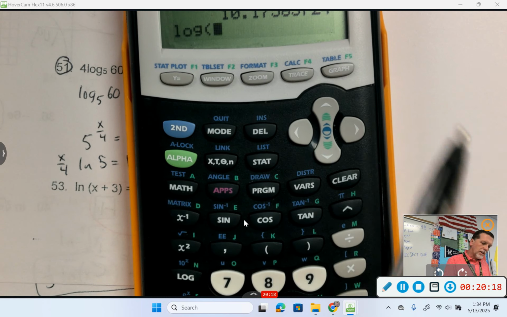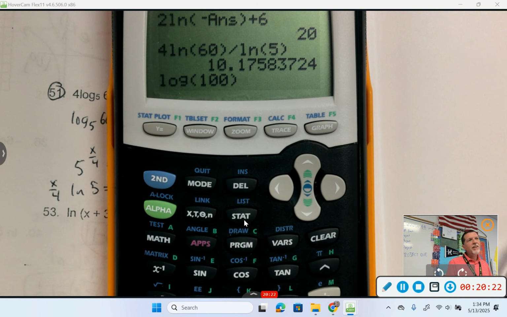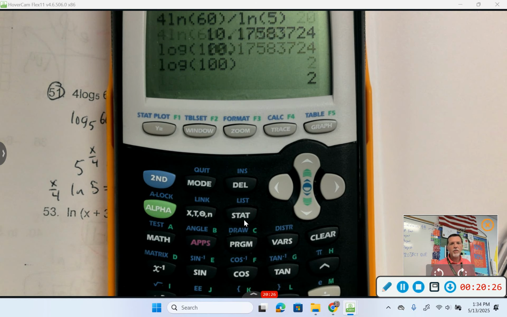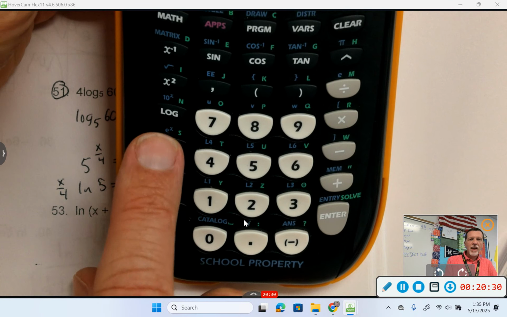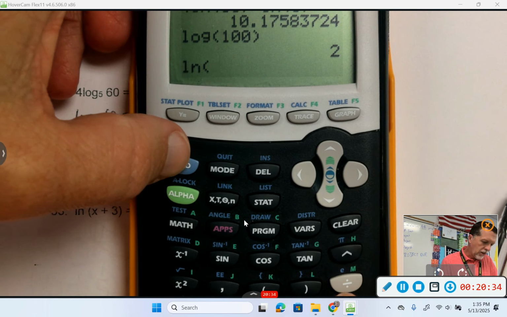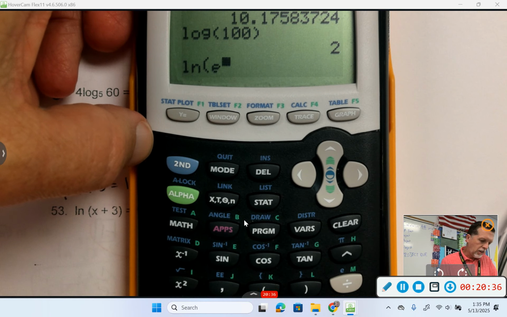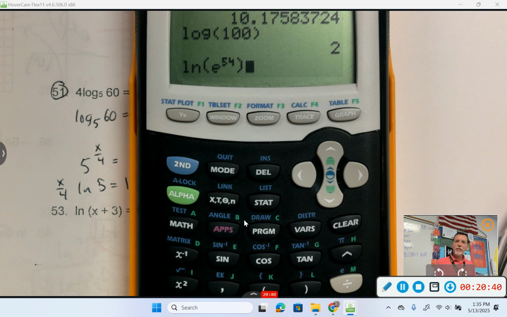So somebody tell me before I hit enter, what's the log of 100? 2, right? Because 10 squared equals 100, so that should be 2. If I hit the natural log button, what base is that? E. What if I do the natural log of e to the 54? So that should be 54.